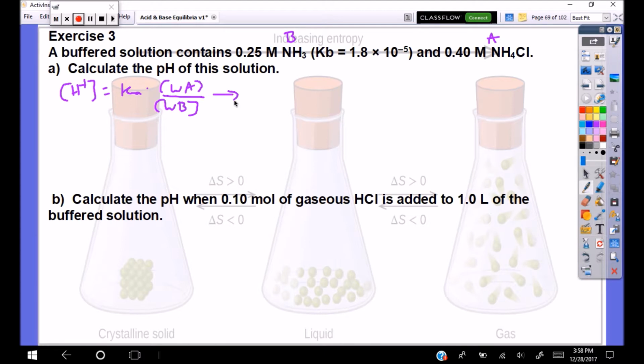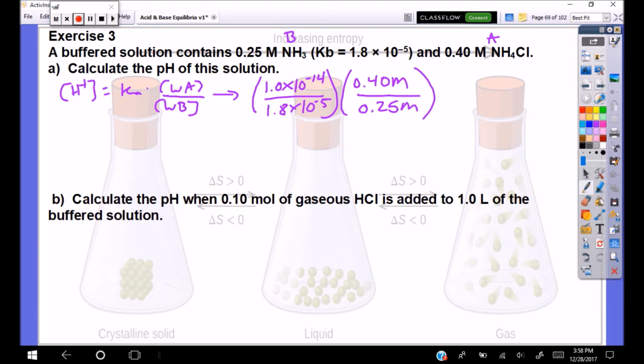We know that Kw over Kb gives me my Ka. So I've got 1.0 times 10 to the negative 14th and 1.8 times 10 to the negative 5th. And I'm going to multiply that by my concentration of 0.40 molar, that's my acid here, and 0.25 molar, that's my base.